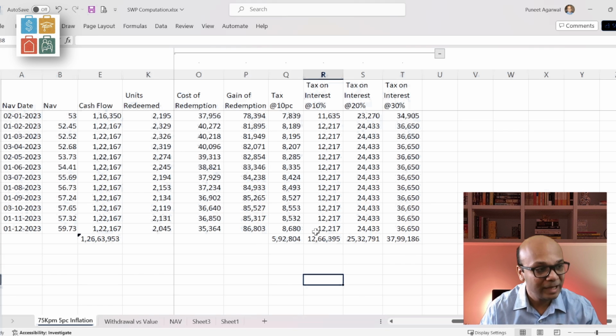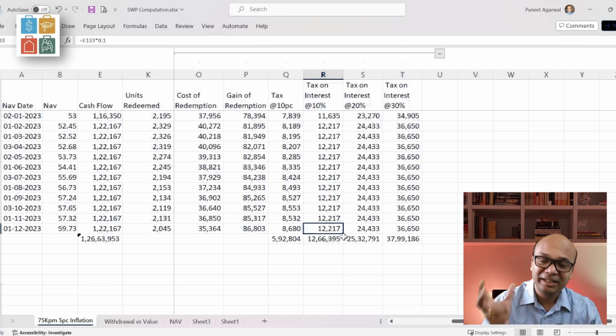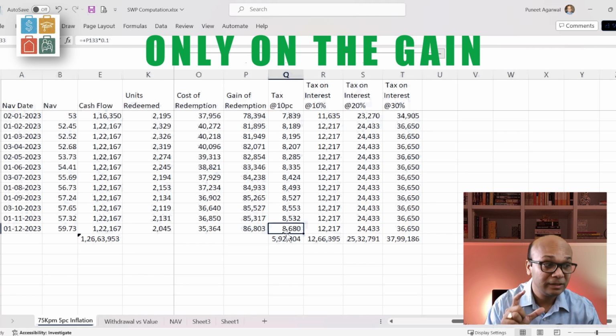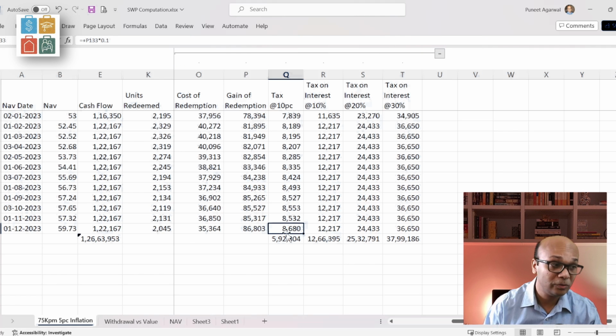So what would happen here is any other income source other than capital gain will be classified as total income. So if you are in the 10% tax slab, the entire installment will be taxed at 10%. Compared to that, here 10% was only on the gain. The gain component of 1.22 was only 86,000. It was not the whole 1.22 lakh.